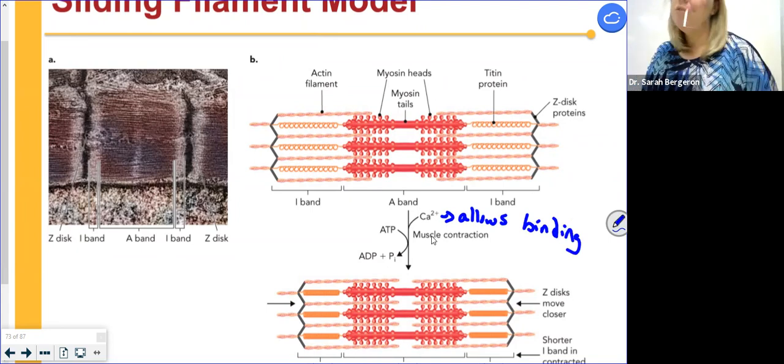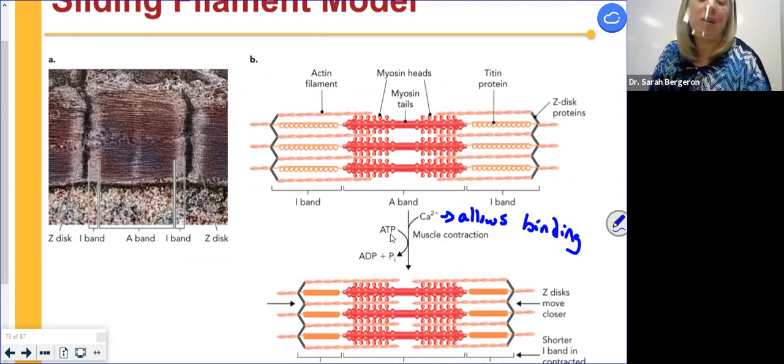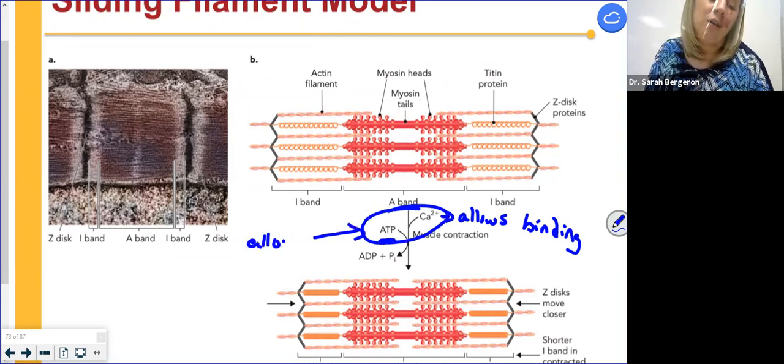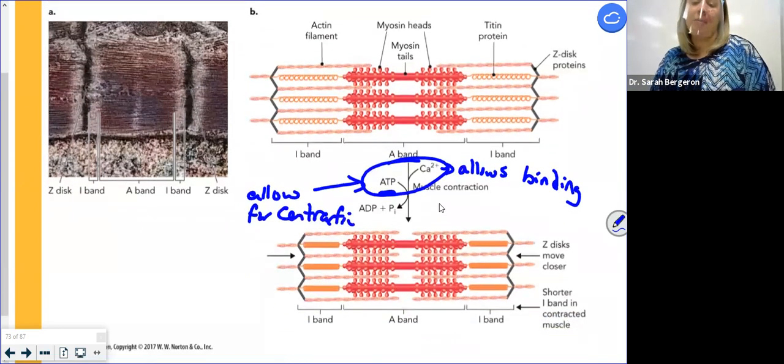It does not induce a contraction though. What else do you have to have for a contraction? ATP. So together, these two things will allow for contraction. We're going to talk about the cycle and how that happens.